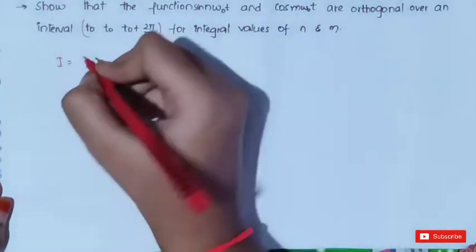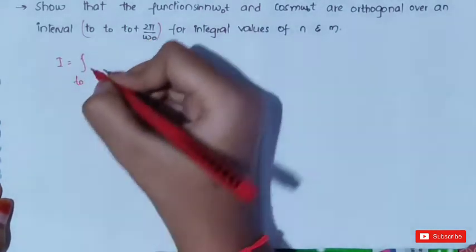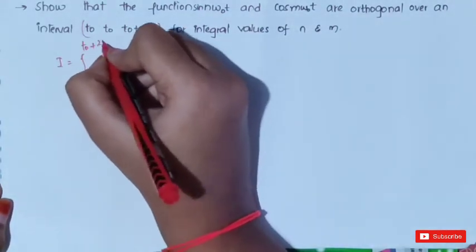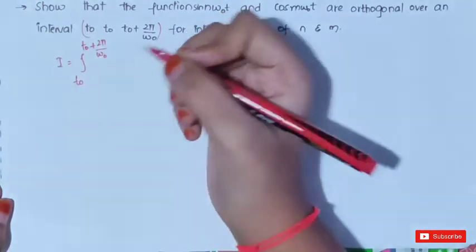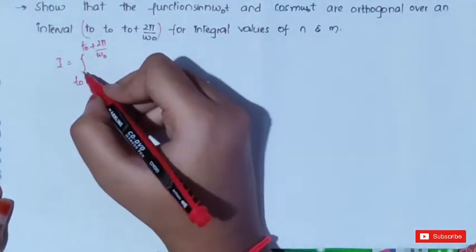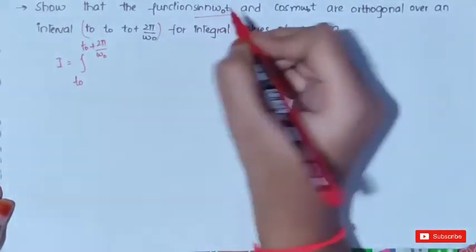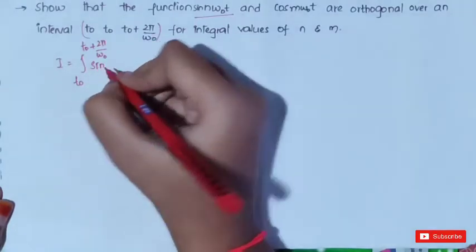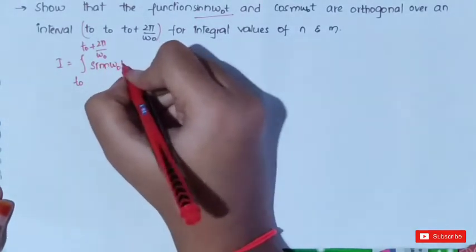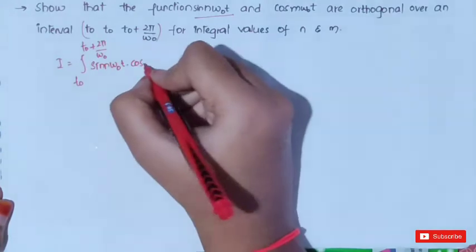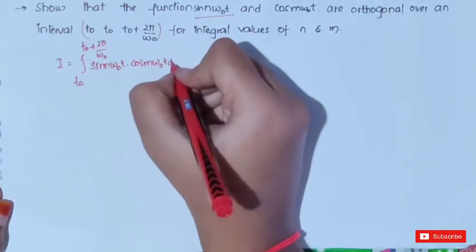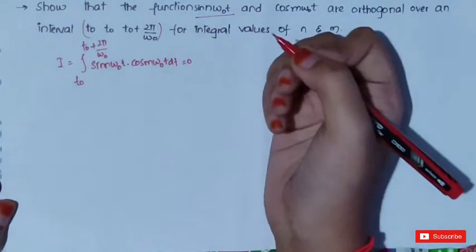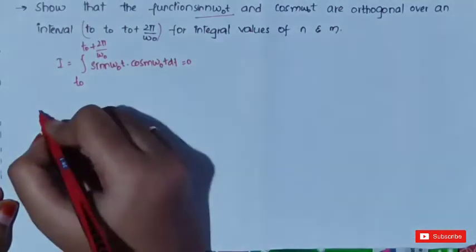I is equal to, what are the limits? t naught to t naught plus 2 pi by omega naught, x1 of t into x2 of t dt. What is x1 of t? sin n omega naught t into cos m omega naught t dt is equal to 0. We need to check whether it is satisfying this condition or not.